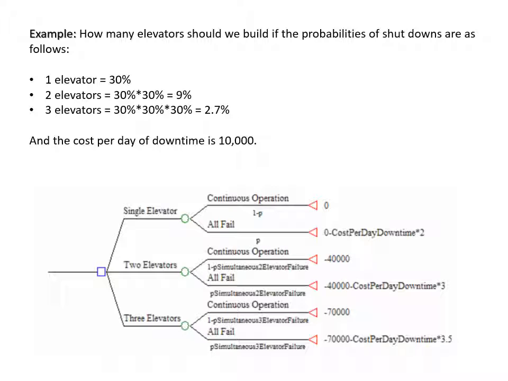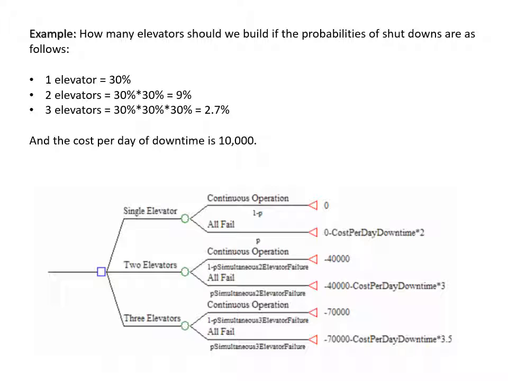So we're assuming that we already have one single elevator in place, so we don't have to build anything more. So we don't have to pay the capital cost of installing a new elevator, and there's no elevator that failed. So there's no cost per downtime associated with one single elevator that has continuous operation.